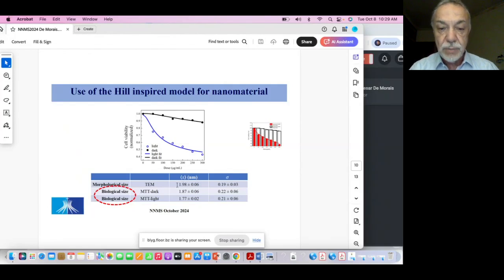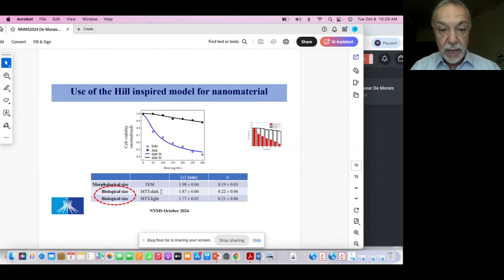And the TEM of this gives us the mean size of the graphene quantum dot is about 1.98 nanometer, and the size dispersity is 0.19. So, what we can extract from this fitting is not the physical size, but is the size that was probed by the cell line.